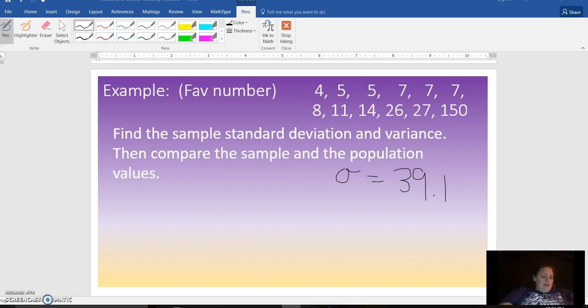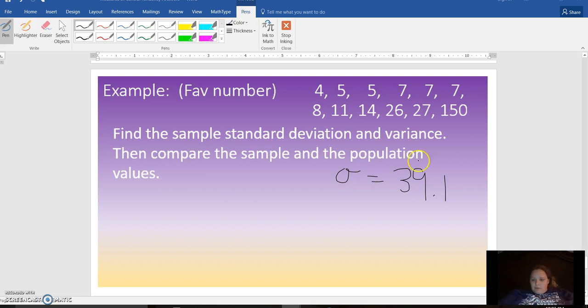To calculate, I went to stat, edit, typed it in, and I went to calculate.